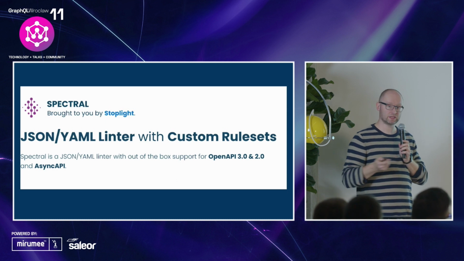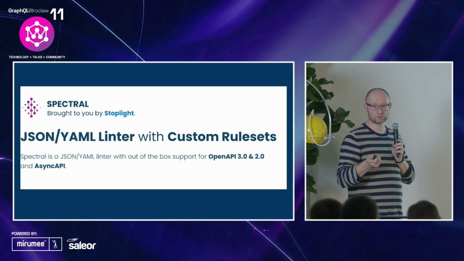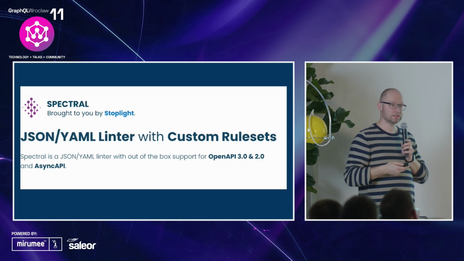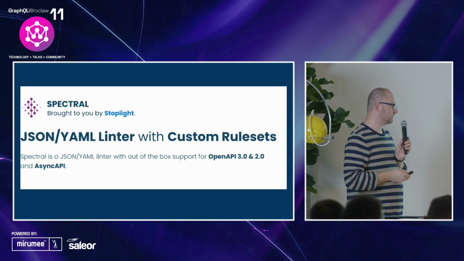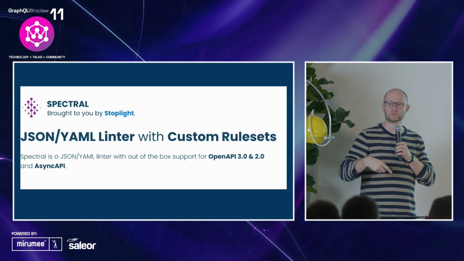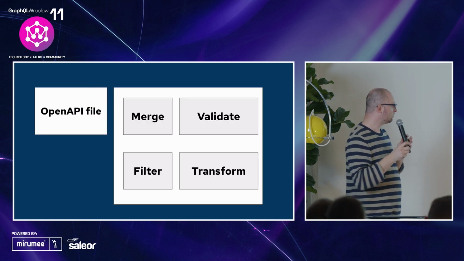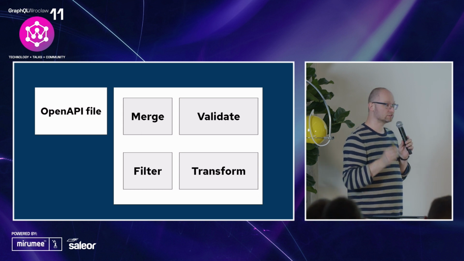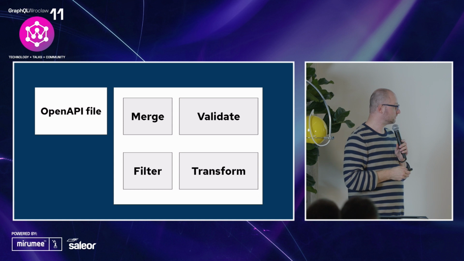It can check if your OpenAPI is valid and you have the right examples, and you can even write your own rule sets. I use that daily to write additional rules for the issues we see. It's very useful when we run it at the PR level, so if someone adds new functionality to the backend, we can run that as well. So we have all our tools in the right place: we can merge, validate, filter, and transform.